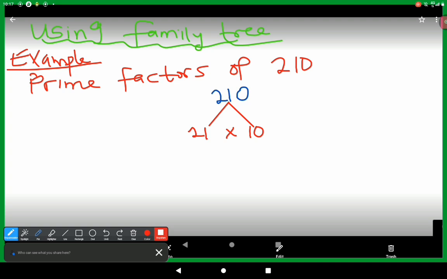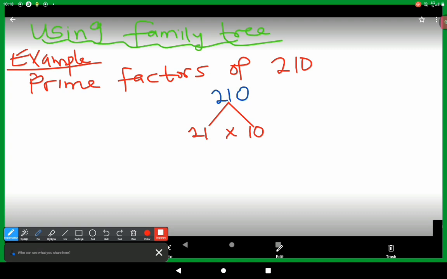So it has more than two factors, so it is not considered a prime number. Alright, what of 10? Is 10 a prime number? 10 is not a prime number because it also has more than two factors. 1 is a factor of 10, 2 is a factor of 10, 5 is a factor of 10, even 10 is also a factor of 10. That means it is not a prime number.